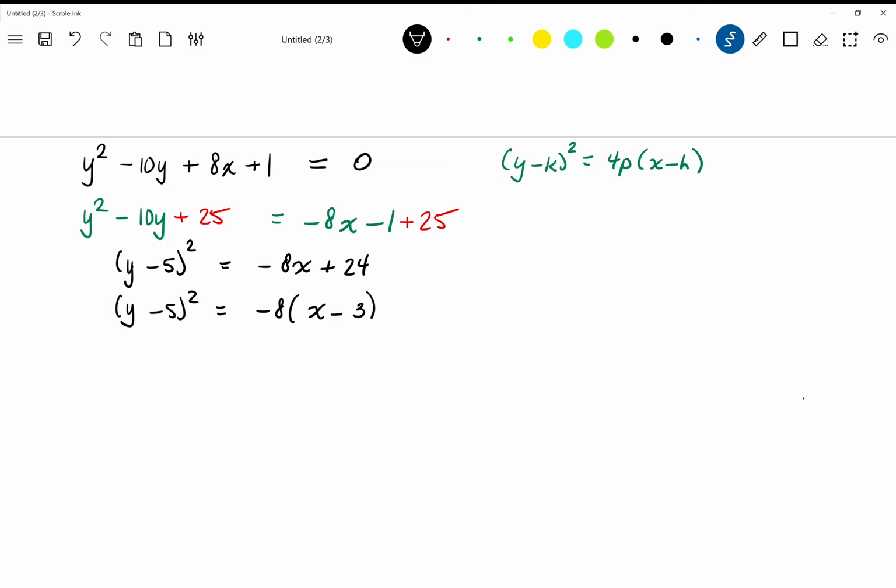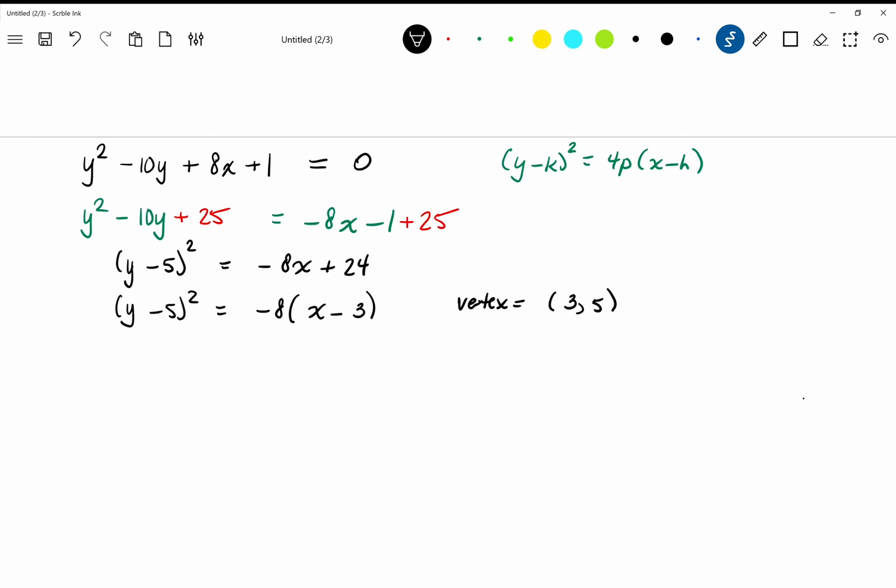Because remember, in the standard form, or whatever form you want to call this, we need to have the entire coefficient outside and just an x on the inside of the parentheses. So it looks like we're set. What I can tell right now is that our vertex is (3, 5), because it's x minus 3 and y minus 5.